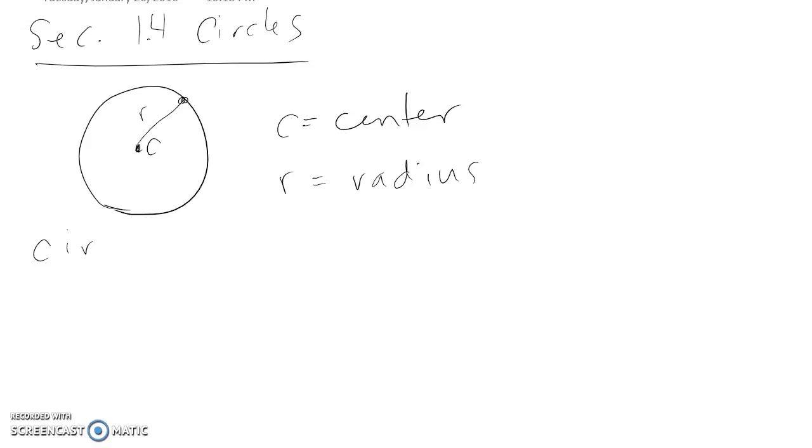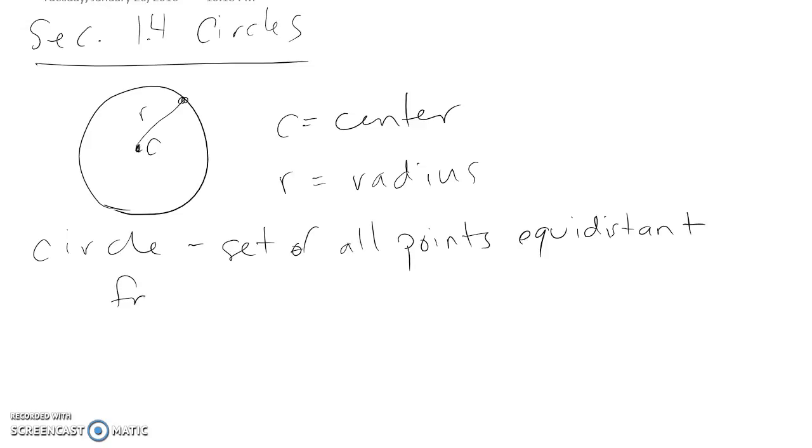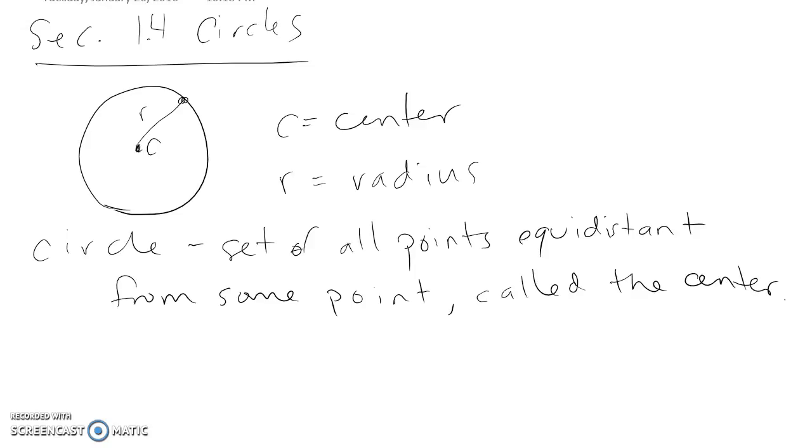We can define a circle as the set of all points equidistant from some point called the center. A circle is a graph of an equation.